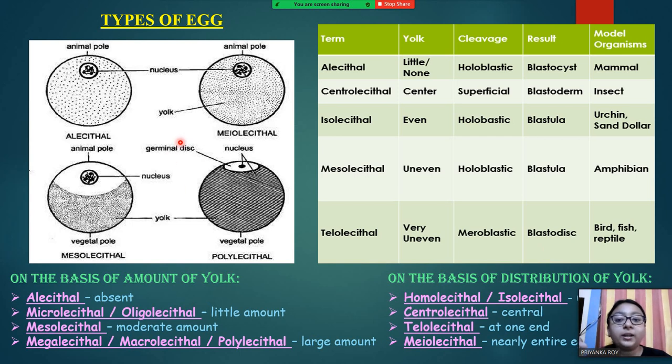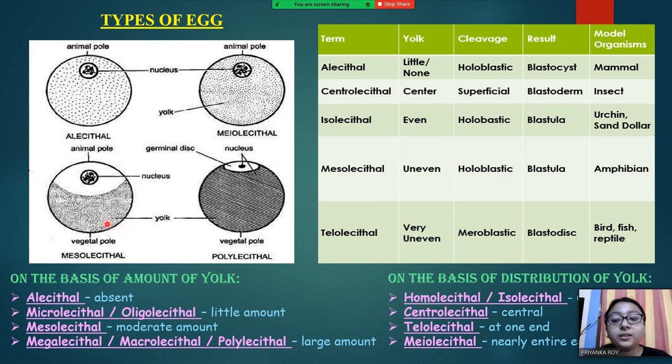Since the yolk is concentrated entirely at one end, like here you can see, a large portion of the egg is covered by yolk at the vegetal pole, then at the animal pole a disc-like blastula will form, because this is the only part where cells are present. Like in the blastula, the blastomeres are located only here, and the entire egg is covered with yolk. So in that case, a disc-like blastocyst will form, which is known as a blastodisc. This is seen in case of bird eggs and fish eggs, where the amount of yolk is very high.